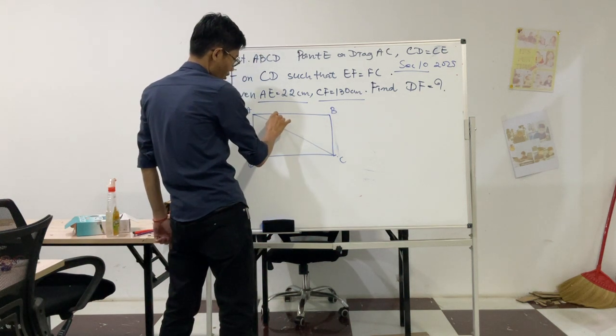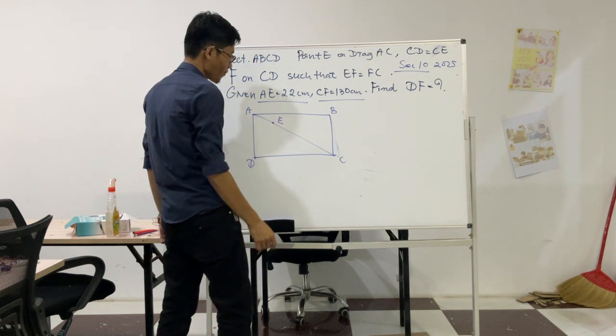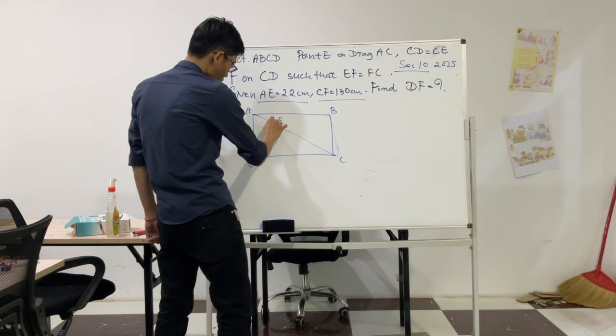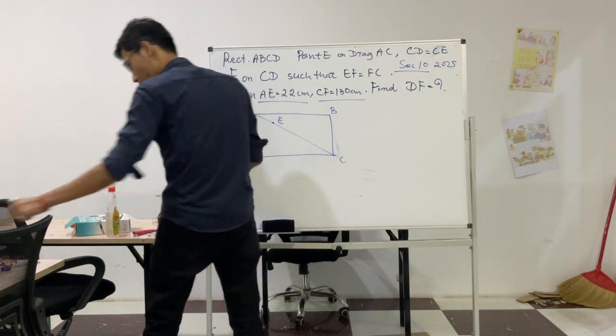Okay, so this is E. With this one, you can draw the triangle.